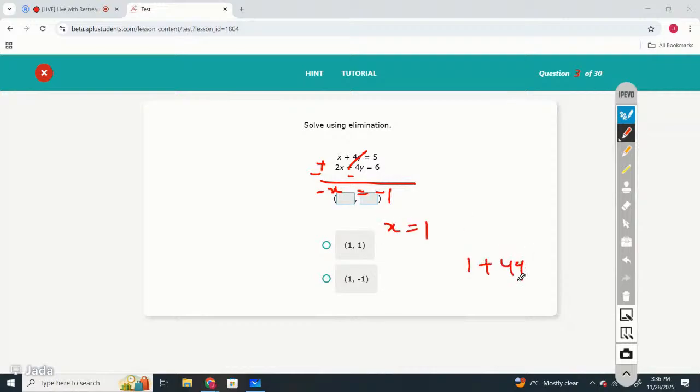So 1 plus 4y equals 5. 4y is equal to 4. So y is equal to 1.